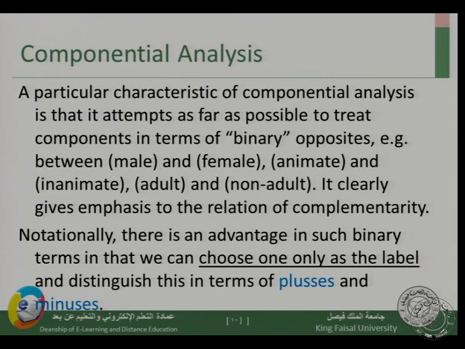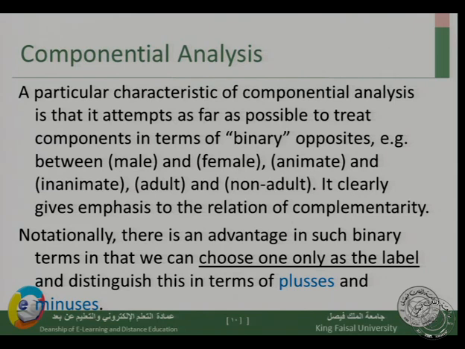Something is either male or female if we talk about animate objects, or animate or inanimate, and things like that. Or adult and non-adult. So we try to find binary opposites. And these kinds of binary opposites emphasize the relation of complementarity, which we mentioned briefly in the lecture about antonymy.